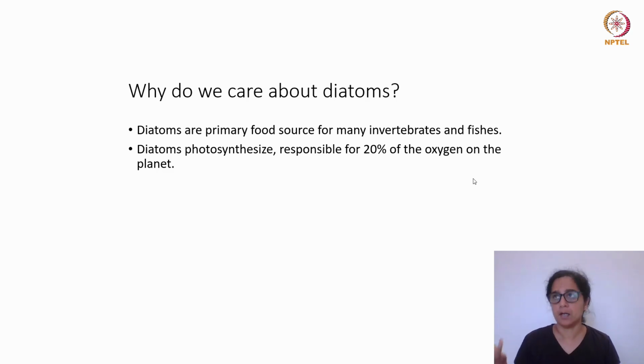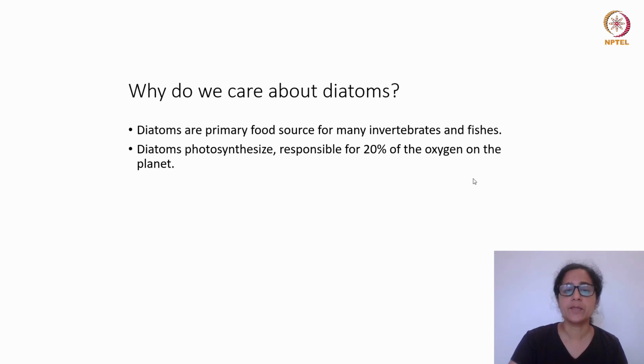And the ocean takes up a lot of the carbon dioxide, as dissolved carbon dioxide in the waters, and diatoms can, with the help of sunlight and this carbon dioxide in the water, produce the photosynthate, that is sugar, and also oxygen. So they're really important because they contribute to a great extent to the oxygen present on the planet. So it's not just plants which are responsible for the oxygen, but also microalgae such as diatoms.